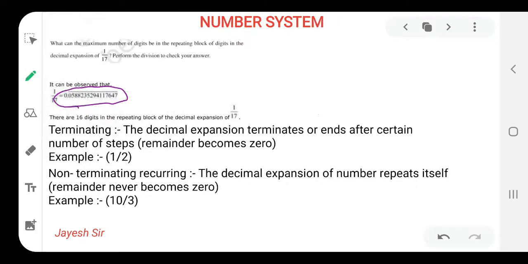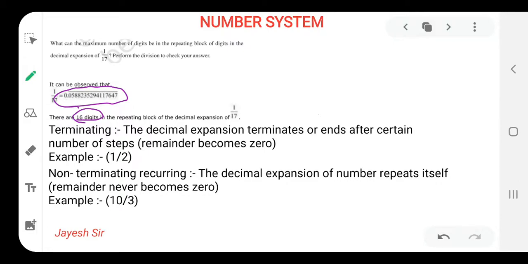Let us count the number of digits we find over here: there are 16 digits, so no need to count again and waste our time. But if you want to count, you can pause the video and try to count, and get satisfied by yourself and make your doubt clear.